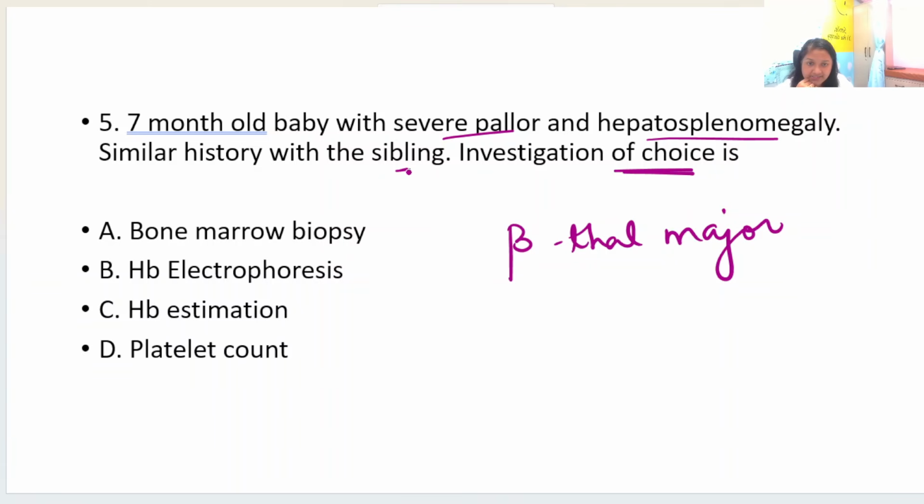And similar history in siblings suggests that the sibling also has a similar involvement, which could be beta thal major. Investigation of choice here will be HB electrophoresis, because you want to know the hemoglobin type that is raised, right? So beta thal major is the current clinical diagnosis we are considering, and electrophoresis is the investigation of choice.